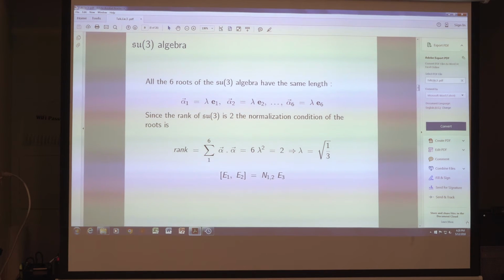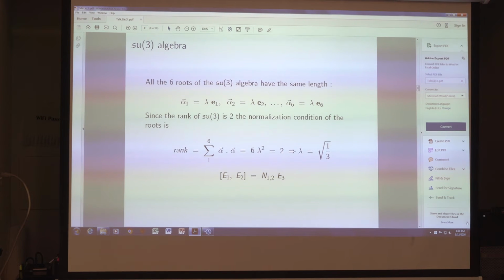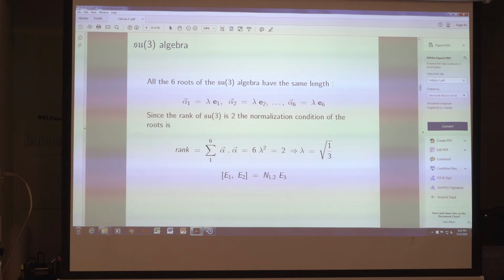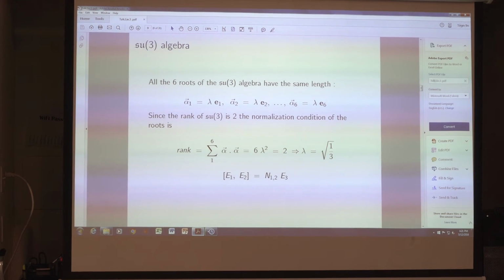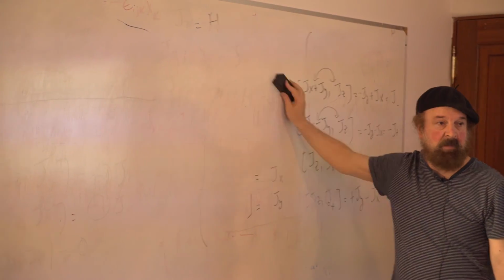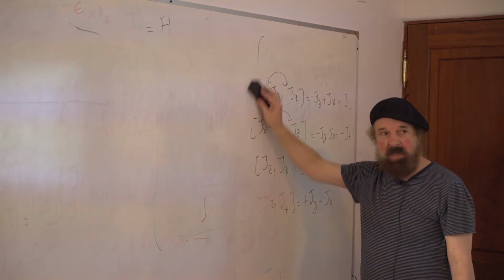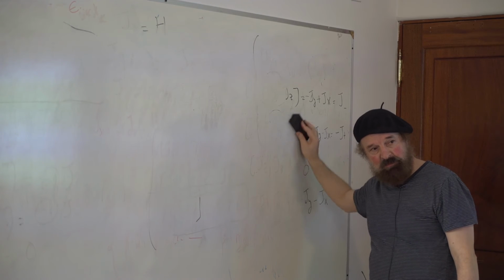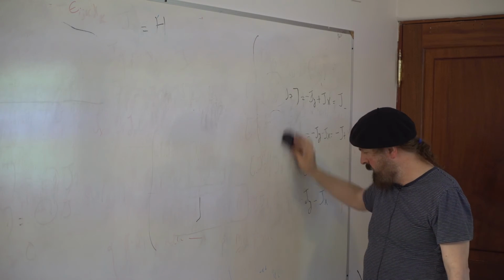What has to do with the rank again? It has to do with the dimension of your Cartan, the number of Cartan bases. So let's draw the root diagram of SU3 and visualize the symmetry of SU2 and SU3.